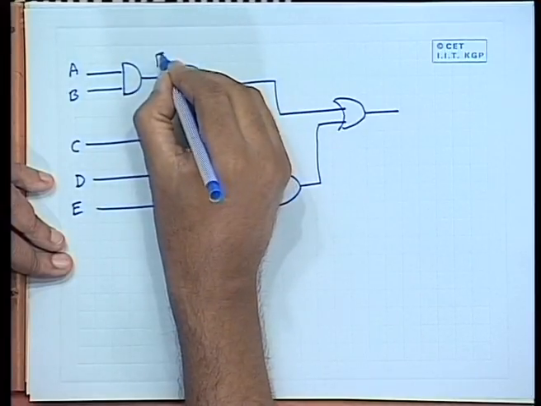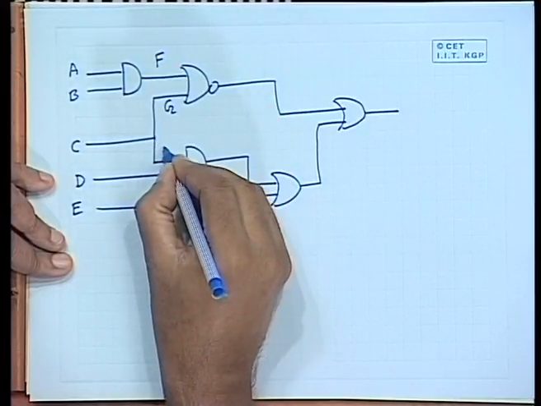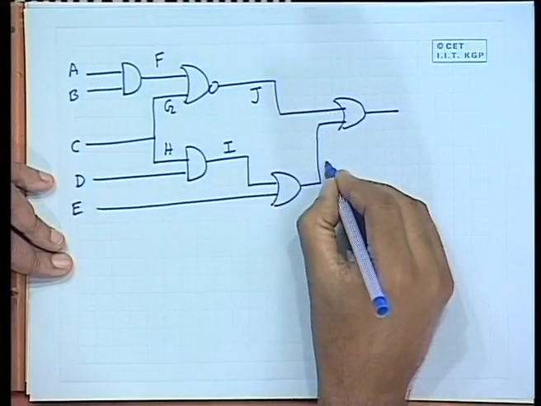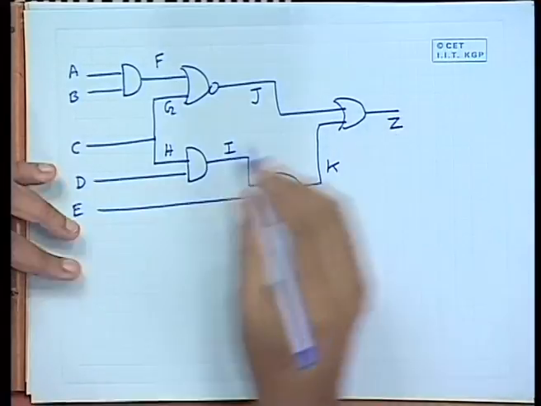Let us call this F, G, H, I, J, K and the output as Z.